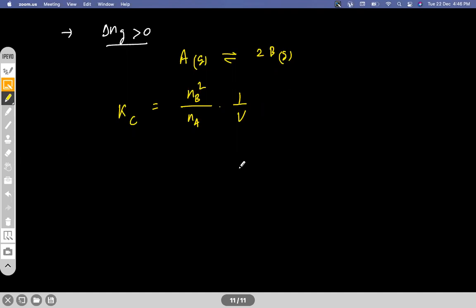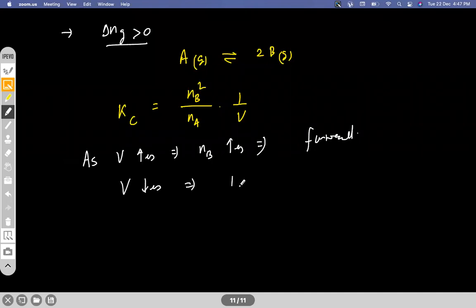So what happens here, you see, as volume increases, obviously Kc won't change with volume, so it has to remain constant. Then nB will increase, right? And nB increases when we have a forward shift. In this case, if volume decreases, then we have a backward shift. Just think of the opposite.